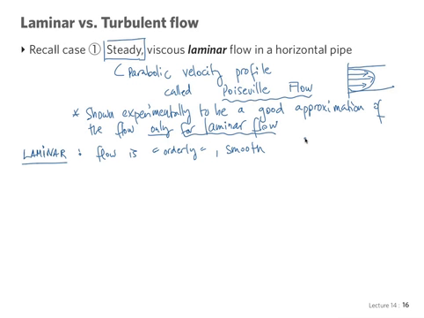Fluids maintain relative positions to each other which are smooth in the laminar case, and in the turbulent case, the flow is chaotic, or it seems to be chaotic from our perspective, and never steady.